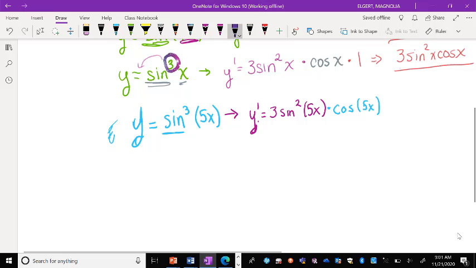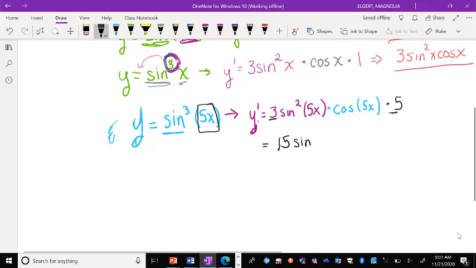And then we have, so we did the power, we did the trig, so we did PT. Now we need the derivative of the angle. So the angle of this is 5x. What's the derivative of 5x? It's 5. So my answer, if I simplify, is going to be 15, because I can put these two together.